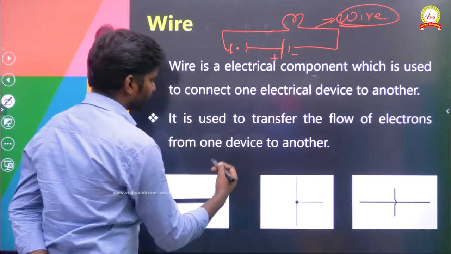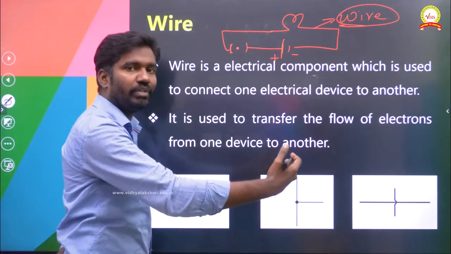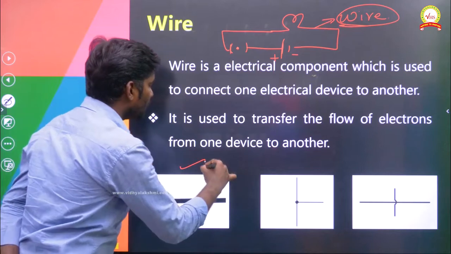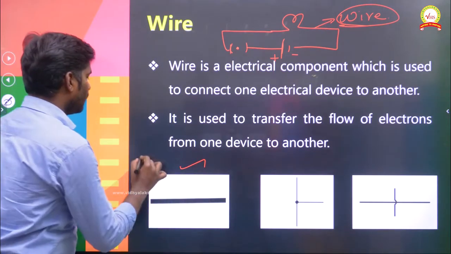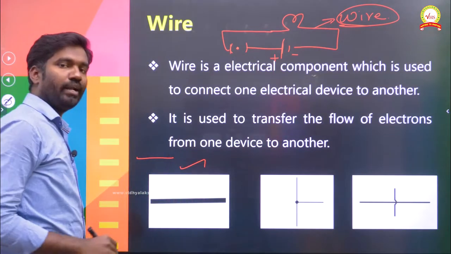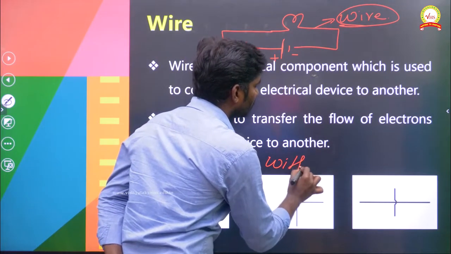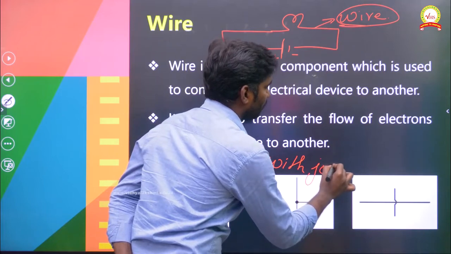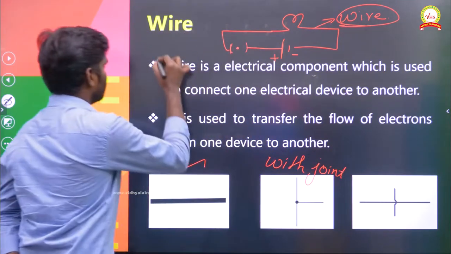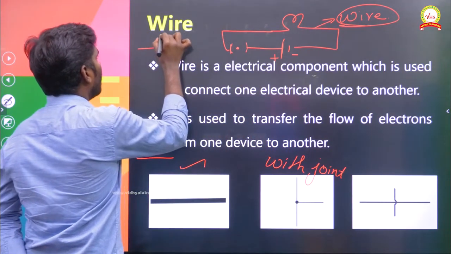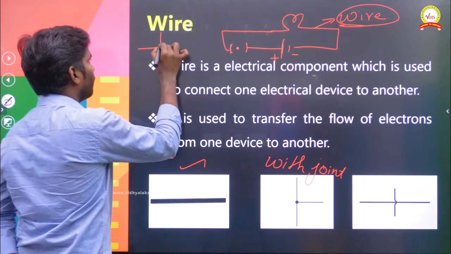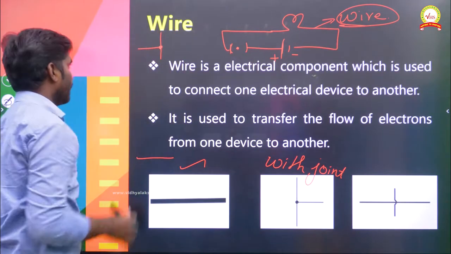So here we have three symbols. This is the general symbol for the wire, just a straight line, right? And the next symbol is a wire with joint. That means if you are joining the two ends of the wire like this, suppose this is one wire, and I am going to join another wire, I need to mention the symbol like this.